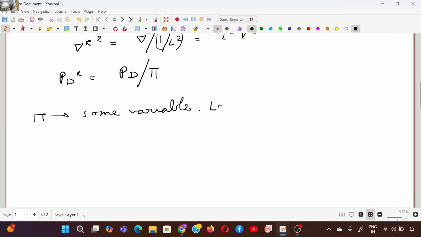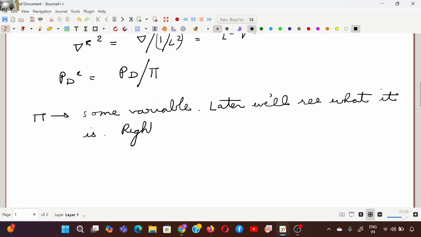Later we'll see what it is. Right now it's just a placeholder variable.